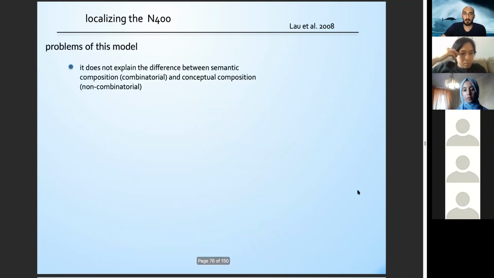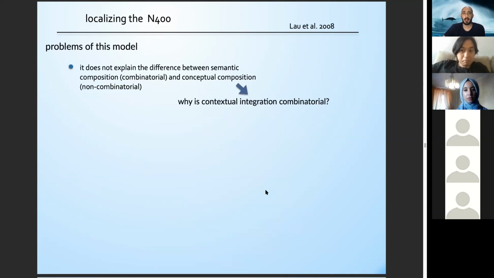Okay, so an additional problem of these models is that it does not explain very well the difference between semantic composition and conceptual composition, okay? So composing the meaning of two words and composing the meaning of two concepts. And also, I have this problem about using the term combinatorial for contextual integration.